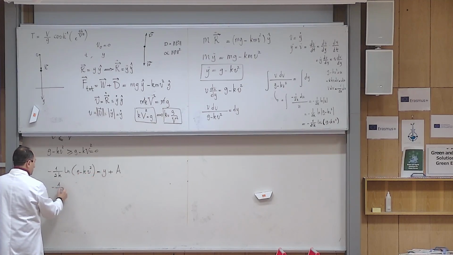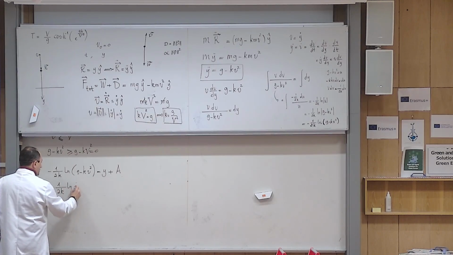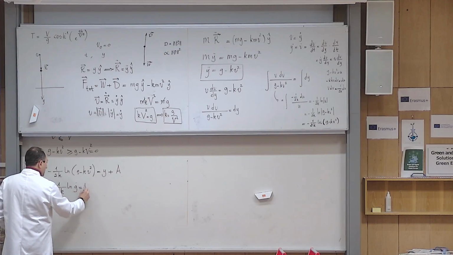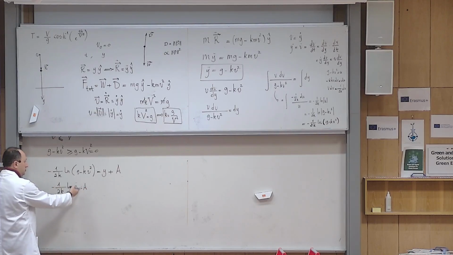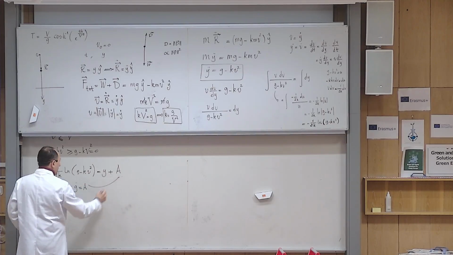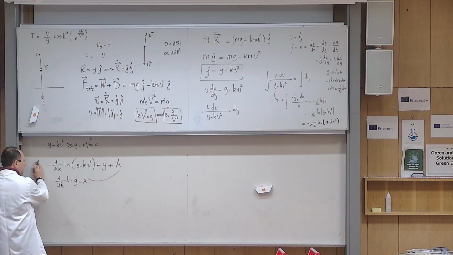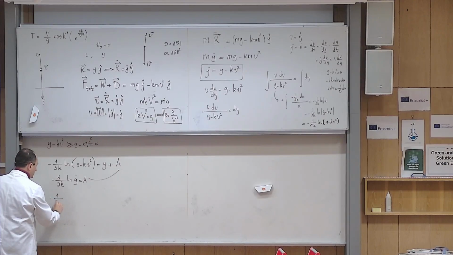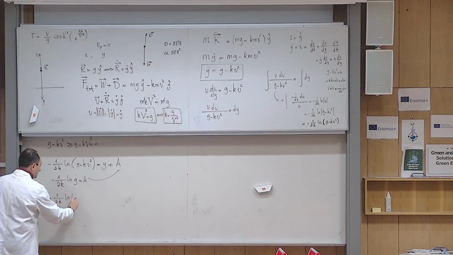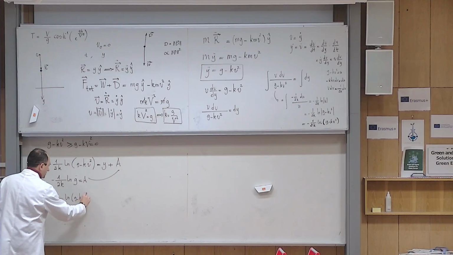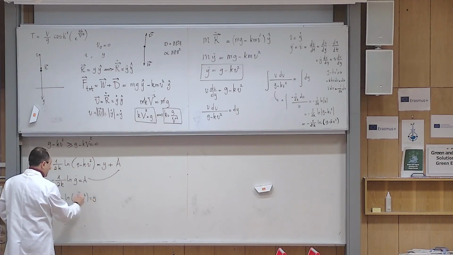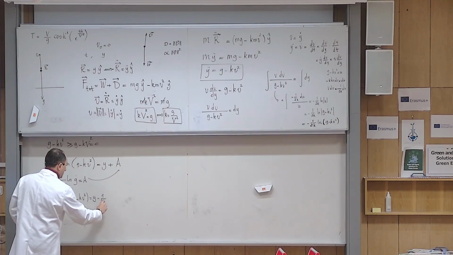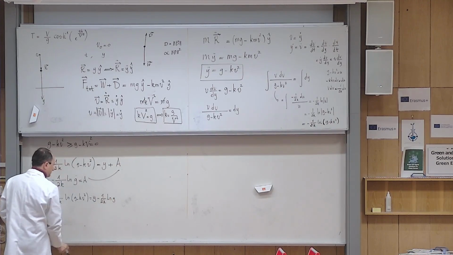It becomes minus 1 over 2k ln of g equals A. So this is the constant of integration. I put it back here. So it becomes minus 1 over 2k ln of g minus kv squared equals y minus 1 over 2k ln of g.